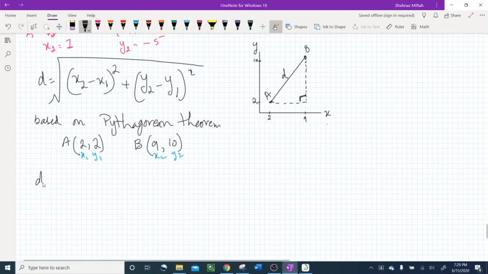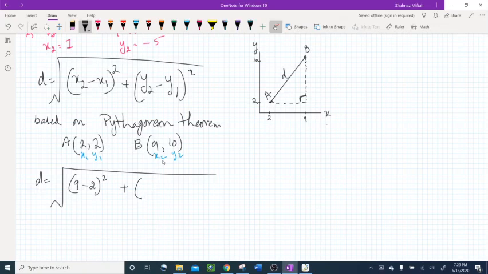So I'm plugging everything into the distance formula. I have the square root, which I'm writing ahead of time. Now this is my x2, so that's 9, minus my x1, which is 2, whole squared. Then I have y2, which is 10, minus y1, which is 2, again whole squared.